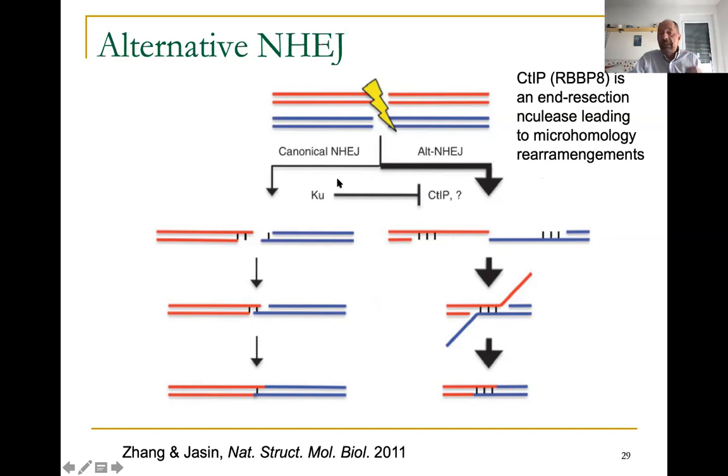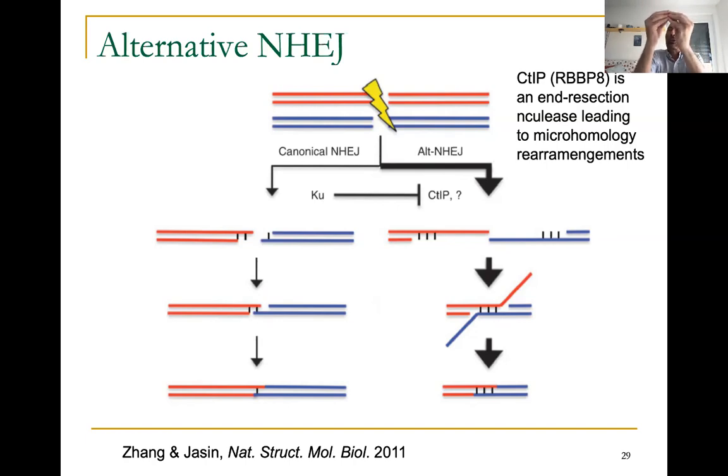If Ku is able to bind the strand breaks, then CtIP is inhibited, and you will proceed through the canonical non-homologous end joining. Not necessarily this will be perfectly correct, but will be pretty good. We have seen, it's a process where essentially at the end, you keep the breaks there, you have other proteins coming, and then eventually you ligate.